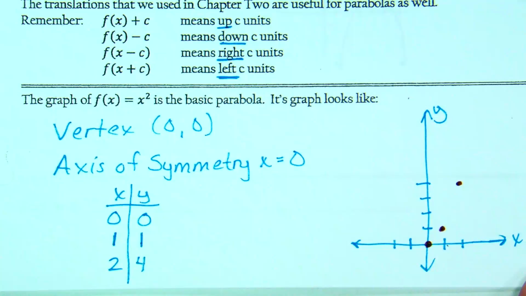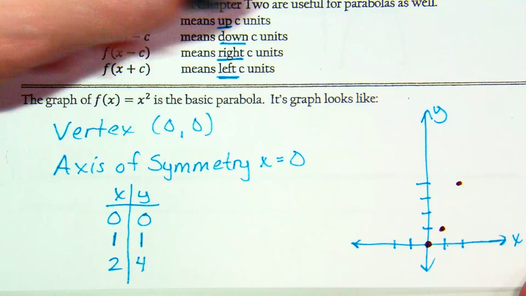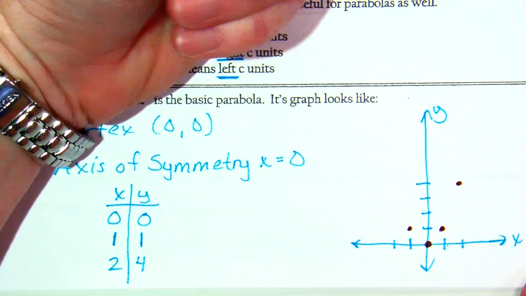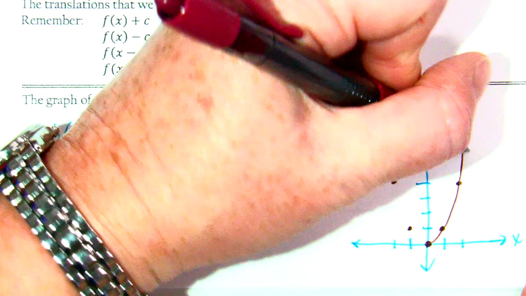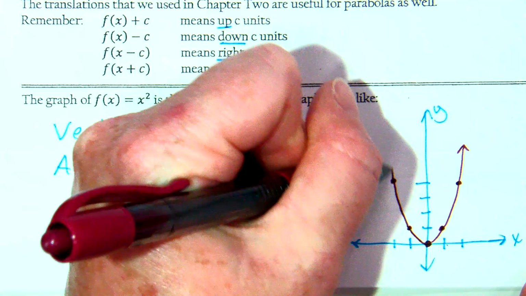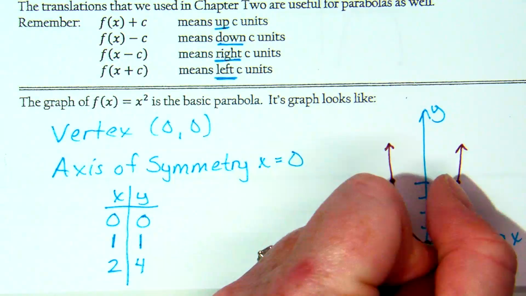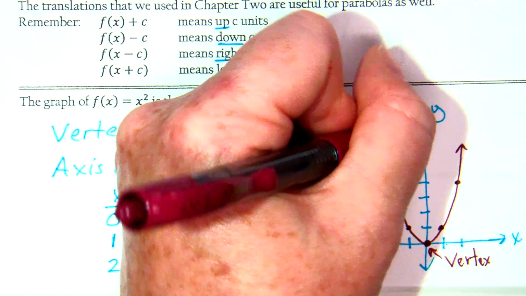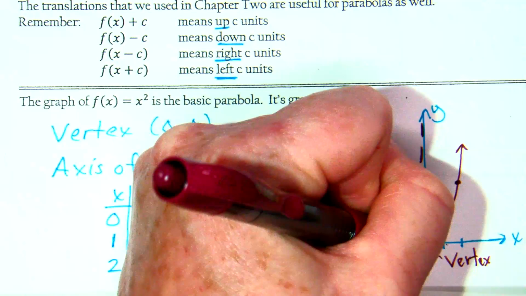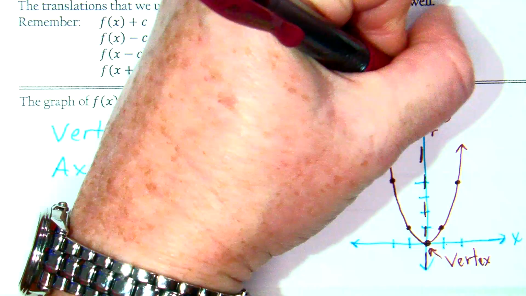If you go right 1, up 1, we also have to go left 1, up 1. If we go right 2, up 4, we have to go left 2, up 4. And that point right there, that 0, 0, is my vertex. And on all of these we've done so far today, the y-axis is my axis of symmetry.